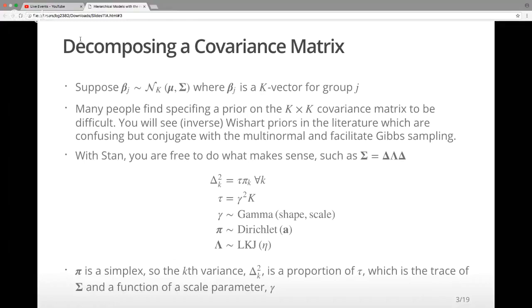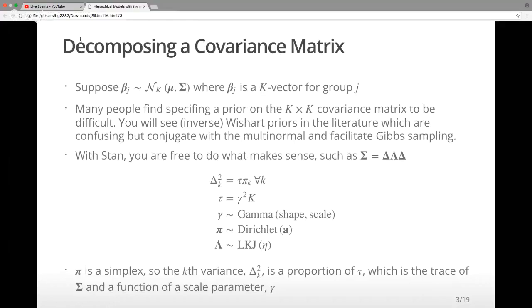And if we're thinking about this from a Bayesian perspective, we have a multivariate normal prior on this vector of k parameters that are specific to group j.